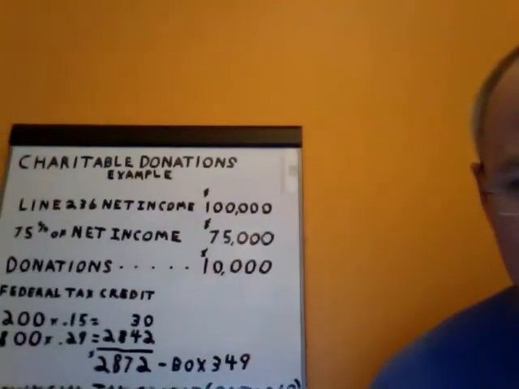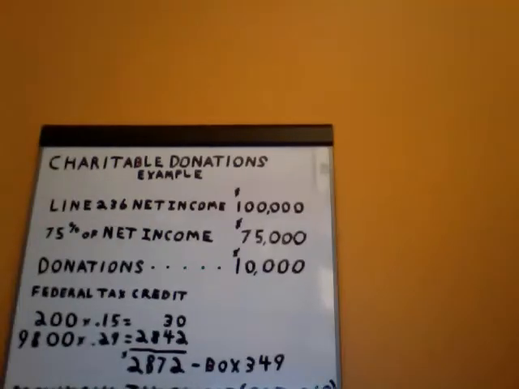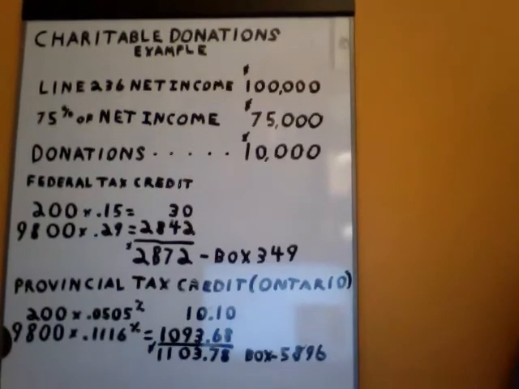Now, I'm going to walk you through my example of how to calculate a basic charitable donation non-refundable tax credit using both the federal and the Ontario tax credits here. So let's go to my big board. If you've viewed any of my other videos, you've seen my big board before.